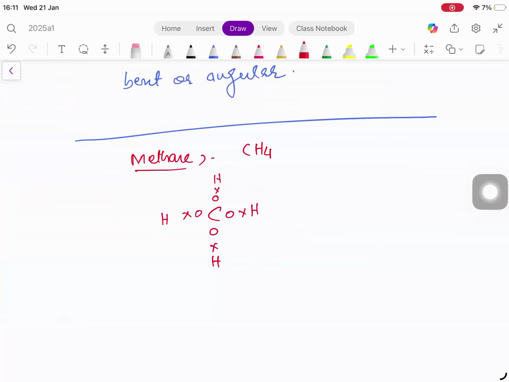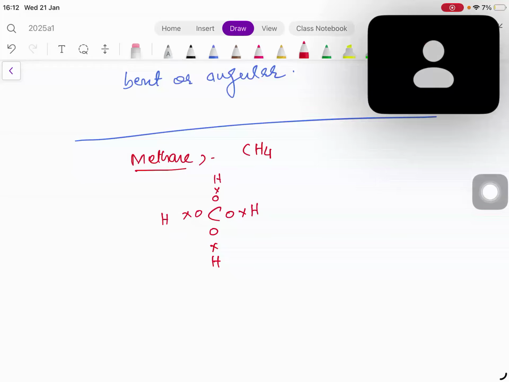When too many electron pairs come, too many clouds in one plane, there is steric hindrance. They cannot exist in one plane. Let's say this electron pair and this electron pair are pushing. If it goes to this side, there's a repulsion with this. If it goes to this side, there's a repulsion with this. So in order to increase the space and create more of a gap, an angle, it has to get out of the plane.